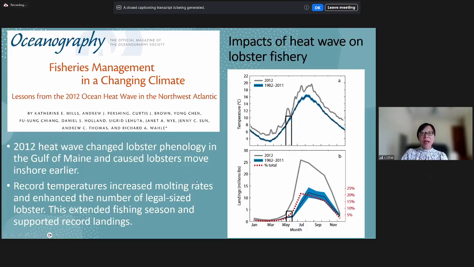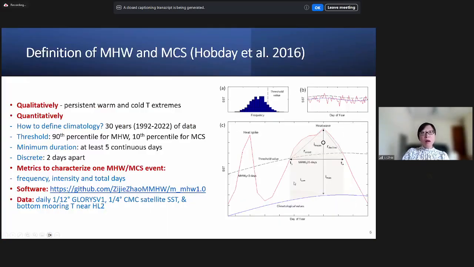This enhanced lobster growth, extended the fishing season, and supported record landings of lobsters. As you can see from this figure, the gray color shows the record landing in 2012. So all these examples motivated us to further quantify both heat waves and cold spells in Atlantic Canada.